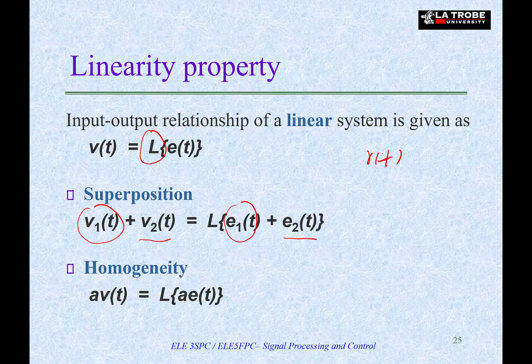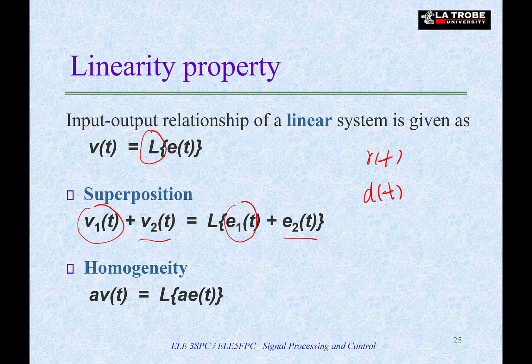And the system also suffers a disturbance signal, and that disturbance input is called D(t). My question is, what if the system has both inputs, R(t) and D(t), acting on it? What should the output be? To solve this problem, we can use the superposition law.